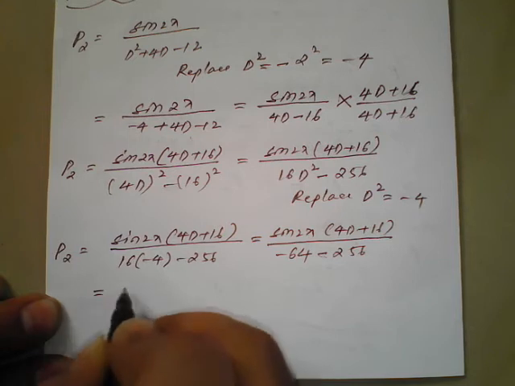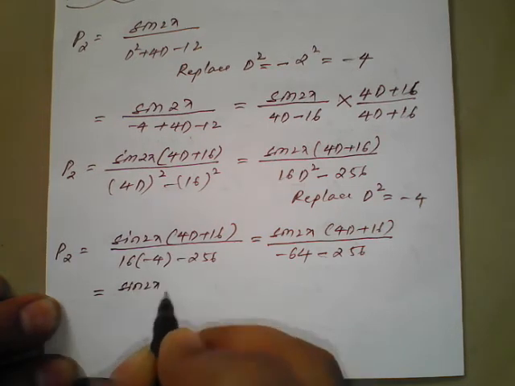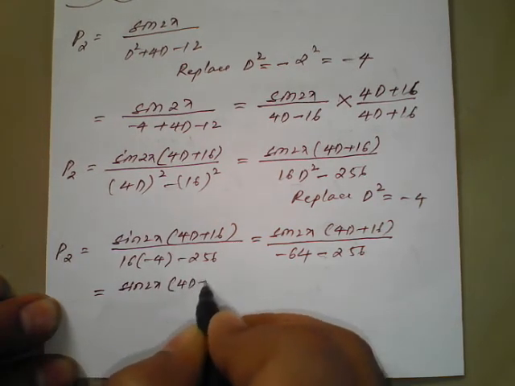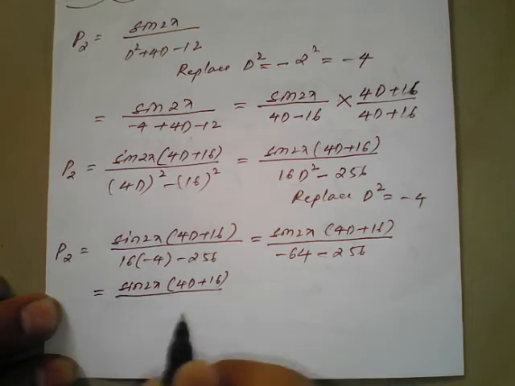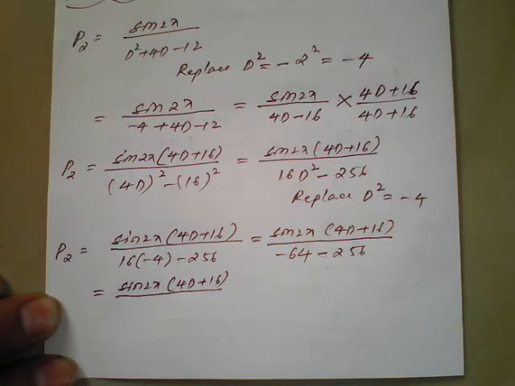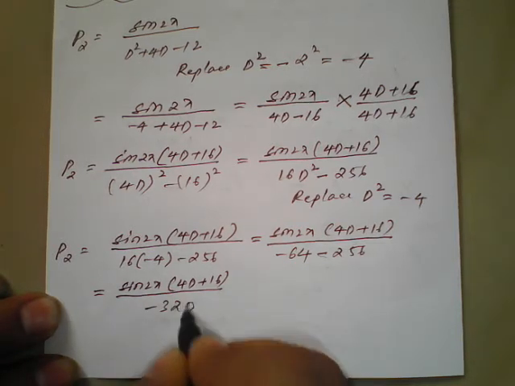So which is nothing but sine of 2x into 4d plus 16 divided by, so minus 64 minus 256 will be how much here, minus 320.